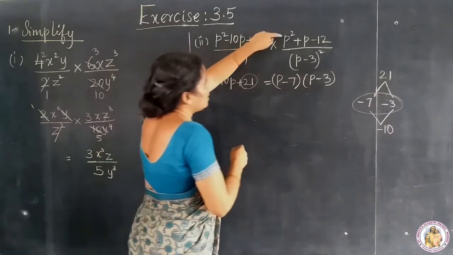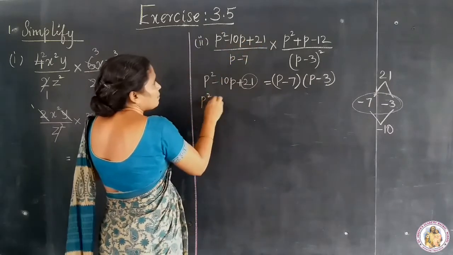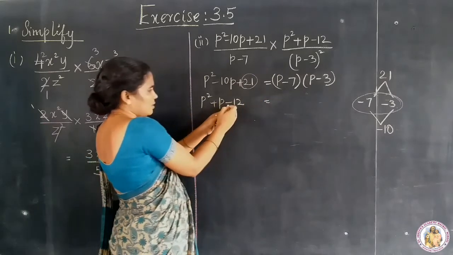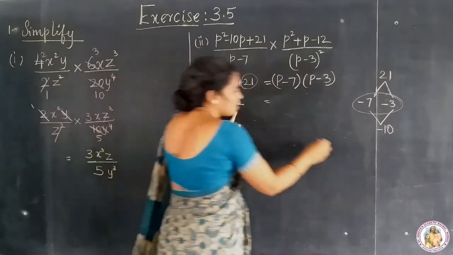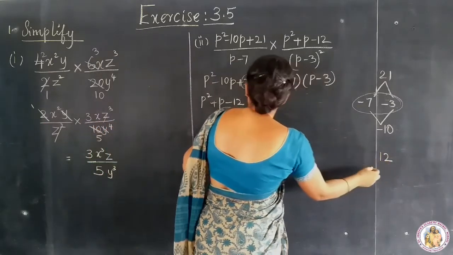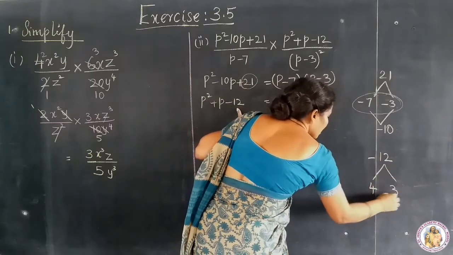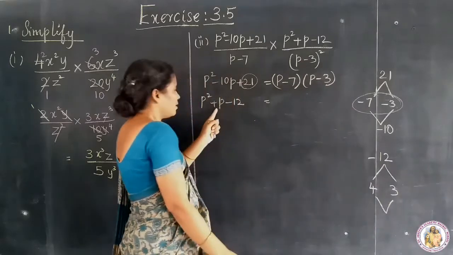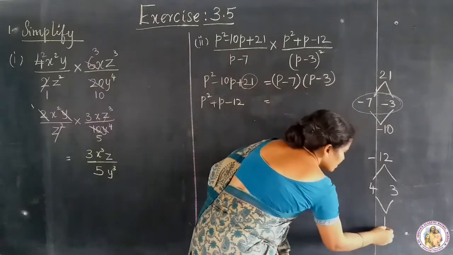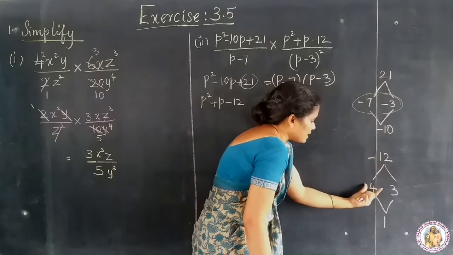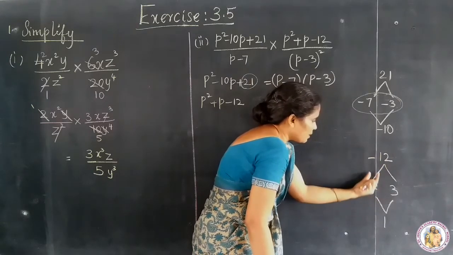Okay, and then next find the factors of p square plus p minus 12. Find factors for 12, so minus 12. 4 threes are 12. We must get plus 1. Here you can see minus 12, so plus into minus gives minus.